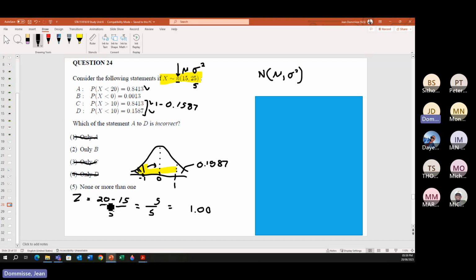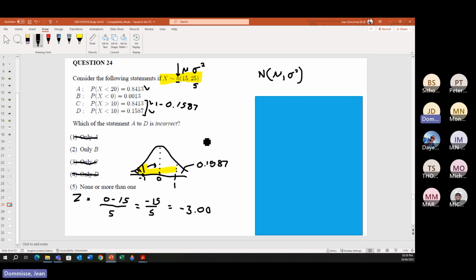So option B looks a bit differently. Option B tells us, okay, but your x is 0. So if your x is 0, 0 minus 15 is minus 15. So minus 15 divided by 5 is actually minus 3. So minus 3.00.